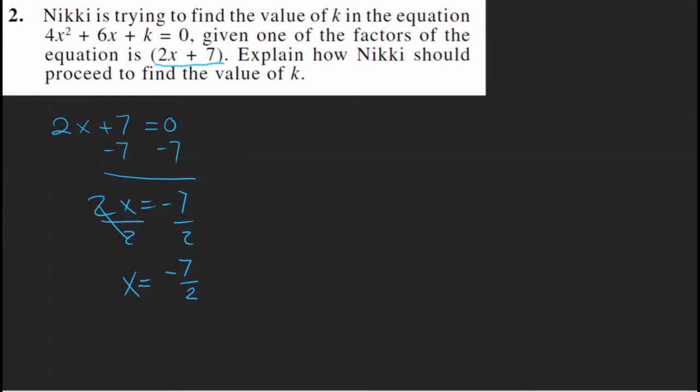Well, I'm going to take that solution and plug it back into the original equation. So I'll have 4, and where there's an x, I'm going to put -7/2 squared plus 6 times -7/2 plus k equals 0. Now k is the only unknown variable in this equation.